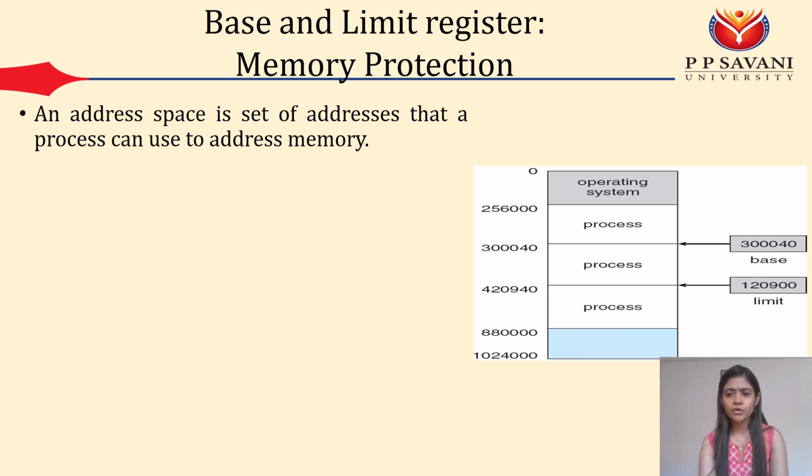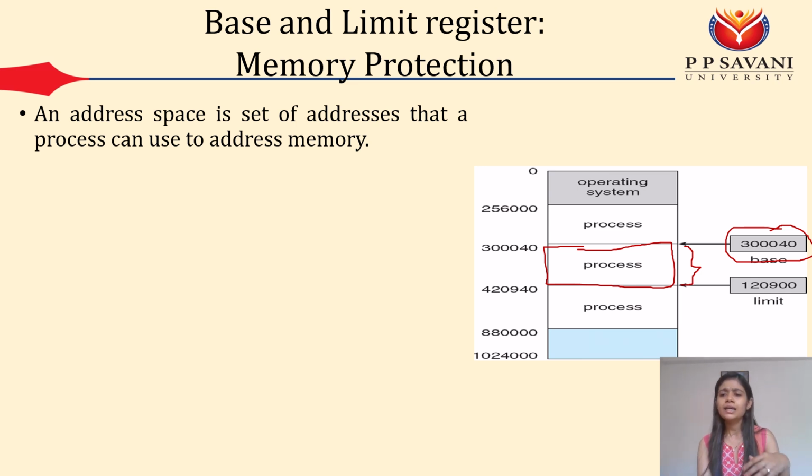Let's say this is one of my processes, currently stored in the main memory. The starting address of that allocation is called the base address. The base address is the starting address of my process, and the limit register is the actual size of the memory occupied by that process.